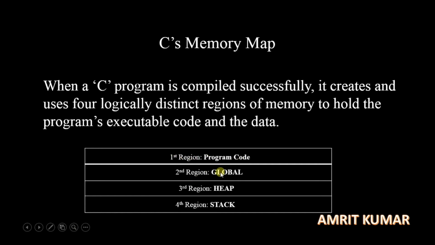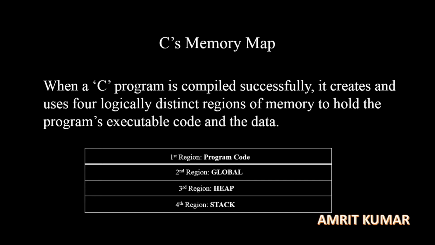The second region is called the global region. The third region is called the heap, and the fourth region is called the stack. So there are 4 logically distinct regions of memory to hold the program executable code and data, and this is what we call C's memory map, that is, the mapping of the memory in C language.